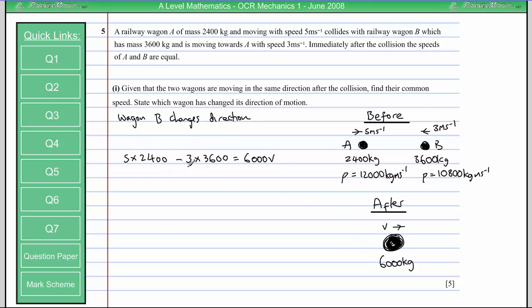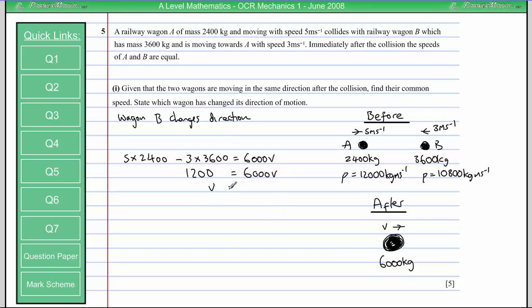So let's simplify this left hand side. We've already done most of the calculations. We've done 5 times 2,400 here, we've done 3 times 3,600 here. So if we do the difference between these two, we are going to get 1,200, and that's going to equal 6,000 v.